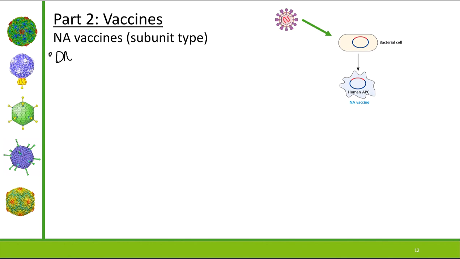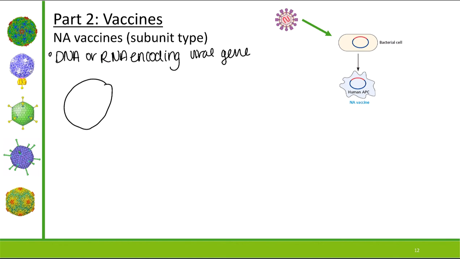And for the nucleic acid vaccines, we typically have DNA or RNA. And of course, the DNA or RNA that we use is going to be DNA or RNA that encodes for a viral gene. And so what we will do here is we'll oftentimes have a vesicle, and the vesicle is what delivers it, and then on the inside we'll have the nucleic acid.